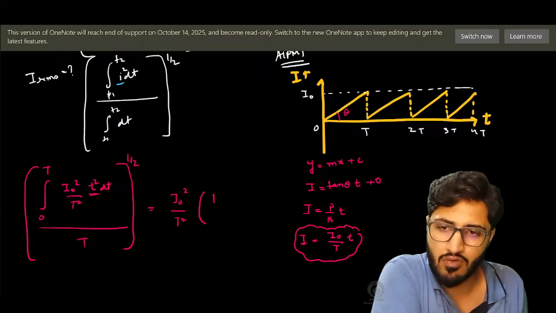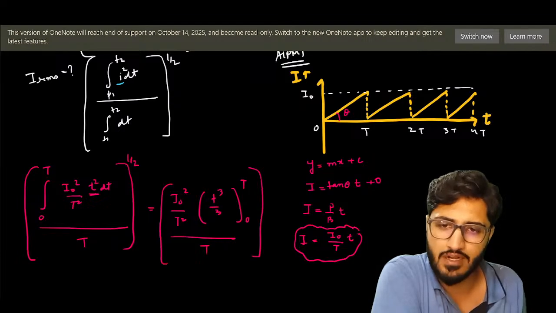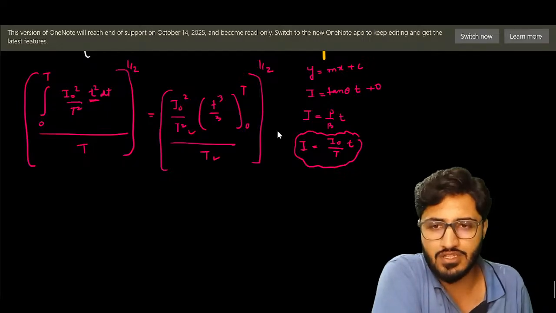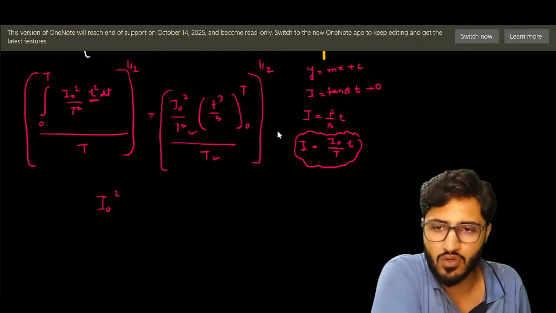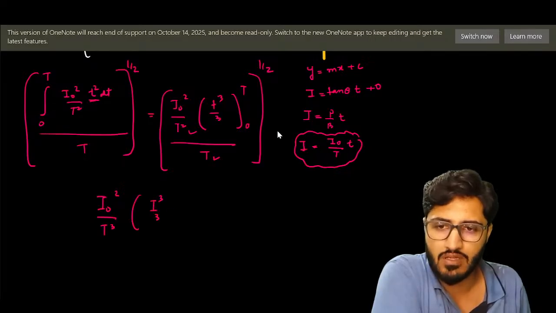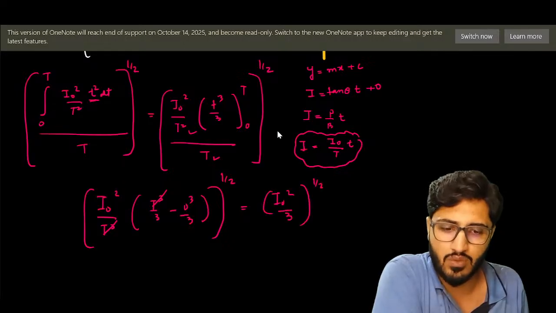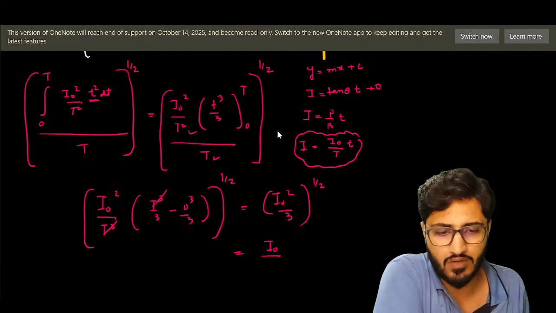Integration of t square will be t cube by 3, upper limit is T, lower limit is 0, whole divided by T. Now you can see this T and this T give T cube. So I got I naught square divided by T cube, times T cube by 3 minus 0 cube by 3, whole power 1 by 2. T cube cancels out. So my answer came out to be I naught square by 3, then power 1 by 2 only. My answer came out to be I naught divided by under root of 3.